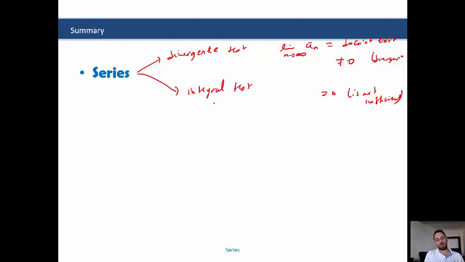But the condition in the integral test is that the function you create from a_n must be continuous, positive, and decreasing. Otherwise, the integral test can't be used, and therefore you need other tests like the root test, the ratio test, the comparison test, and so on. We will discuss some of those in further sessions.